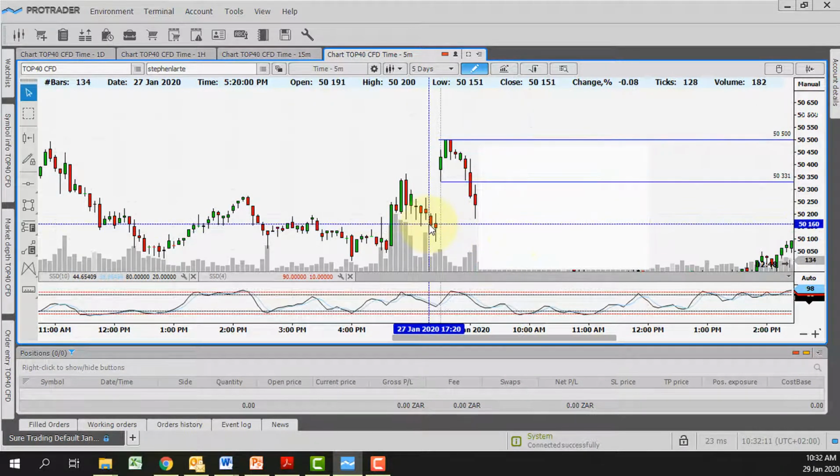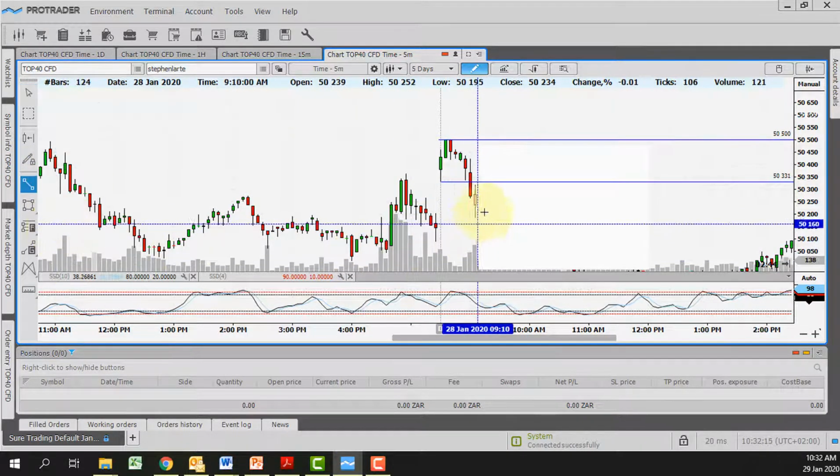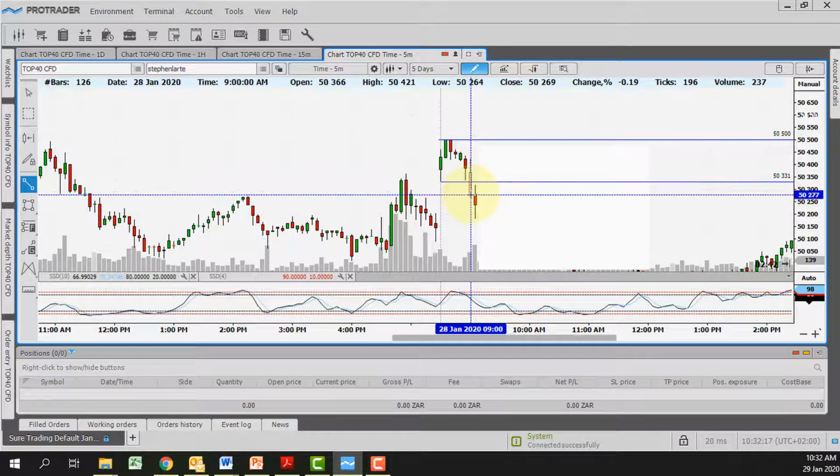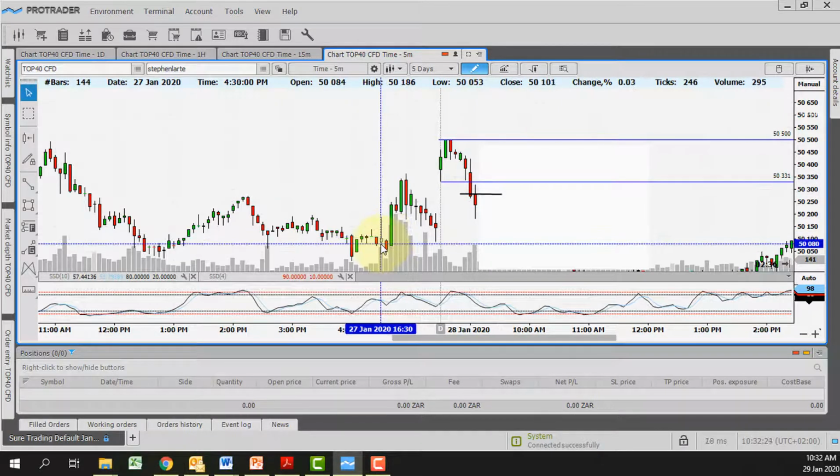So in this case, you would have entered your short position at the opening of this next candle, which would be around that level. So that was quite a quick opening range entry. Sometimes it can take an hour or two before it breaks out of the range.